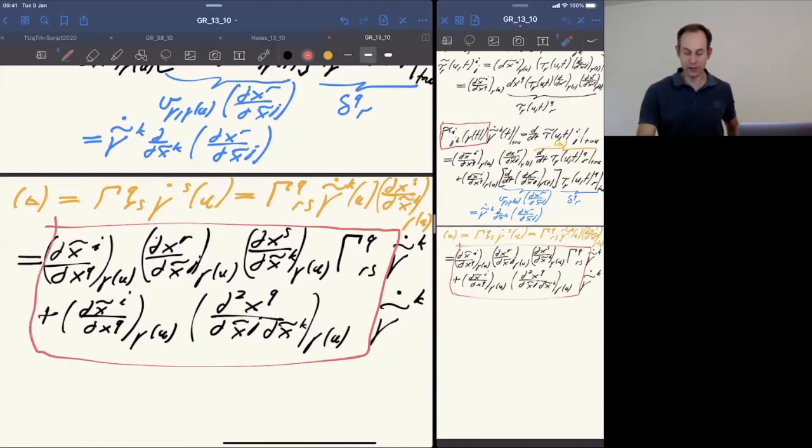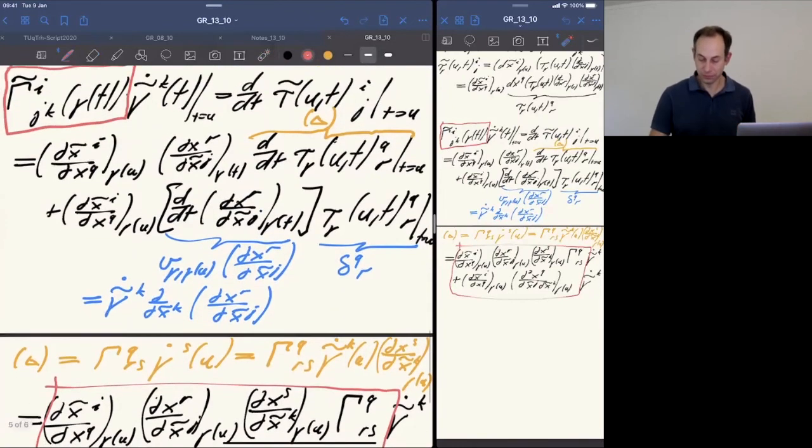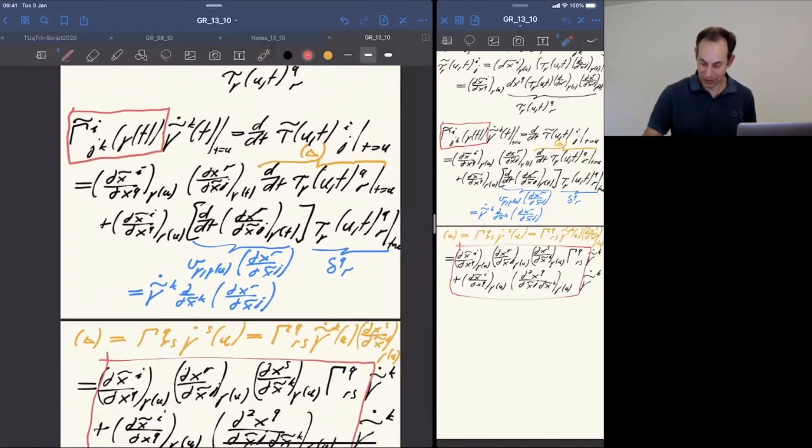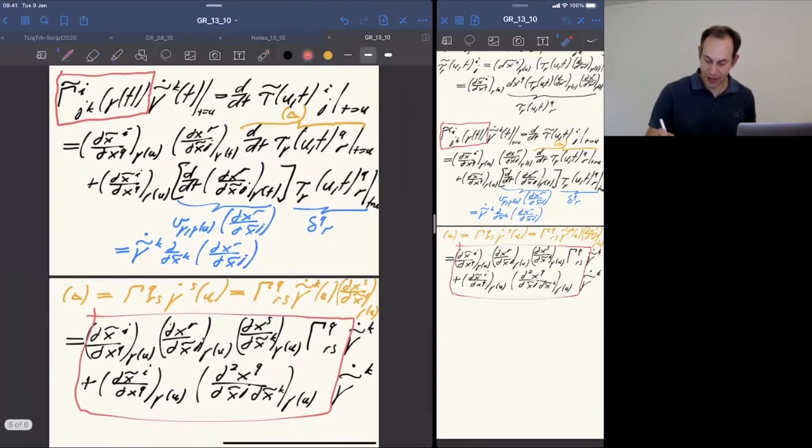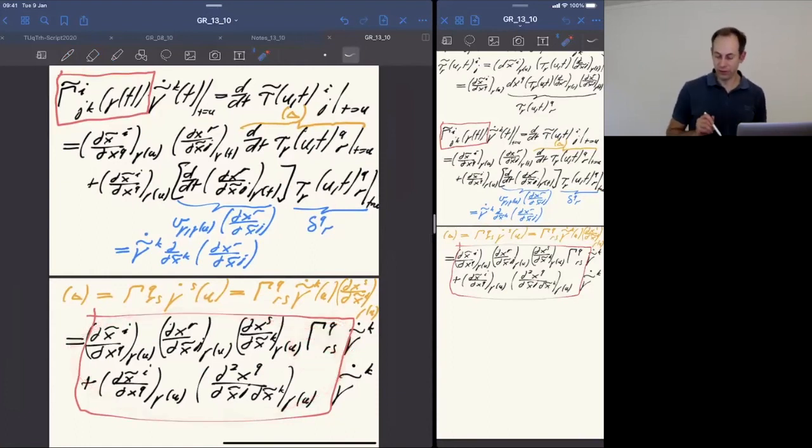And that's really the transformation rule for gamma. So let me make it a bit smaller that you see it. So what we have is the gamma tilde i j k are given in terms of the gamma without the tilde, in terms of this expression.